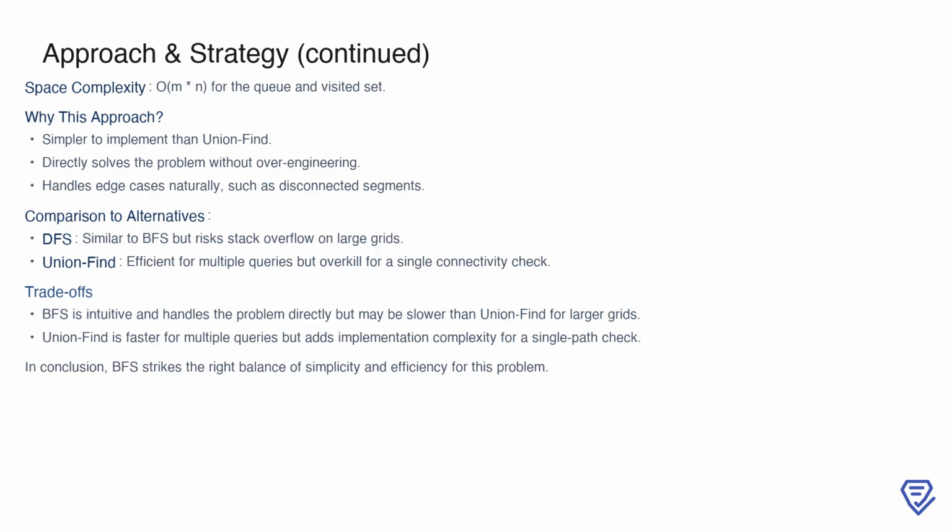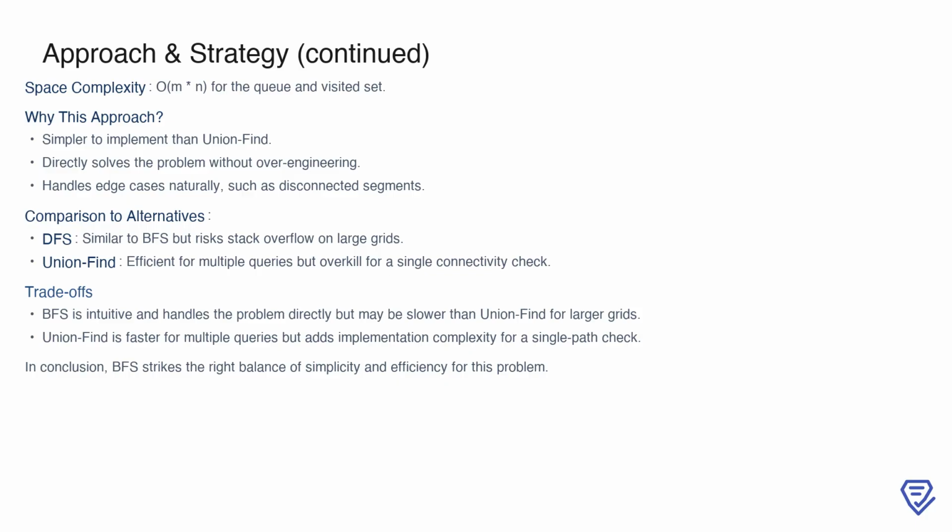The space complexity of the BFS approach is O(m*n), which accounts for the queue and the visited set. We chose BFS for its simplicity and effectiveness in solving this specific problem. Unlike union find, which is more suitable for scenarios requiring multiple connectivity queries, BFS directly addresses the task at hand without unnecessary complexity. It also handles edge cases, like disconnected segments, naturally.